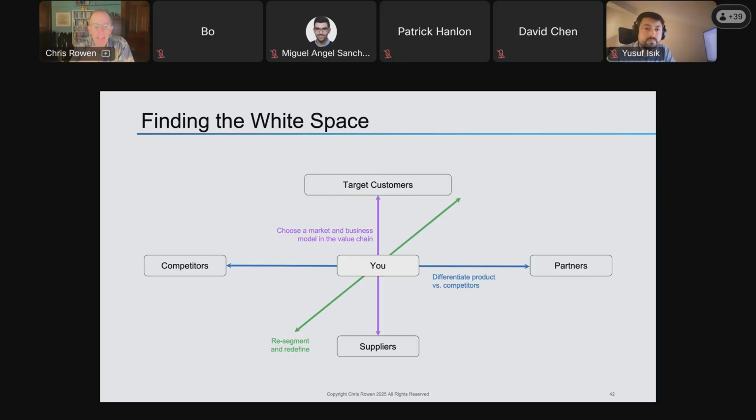There is a third axis of importance. You may start out saying, okay, I'm interested in this space and I've studied my partners and my competitors and my suppliers and my target customers, and I've looked around to see where I fit. And you say, I don't really fit this picture. And then you can move in the third dimension, which I would say is you're resegmenting.